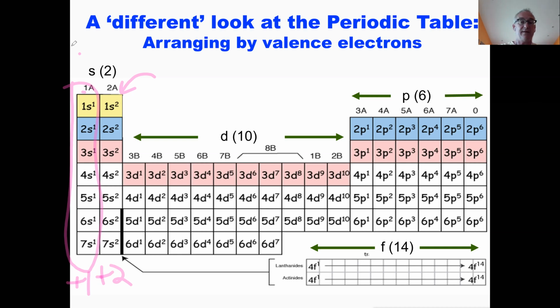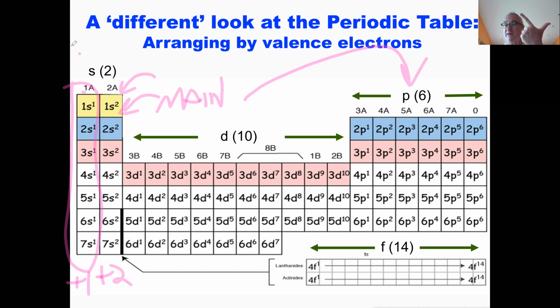Remember, these are main group. The main groups are these 2, and then these 6. Not surprisingly, they're the S group and the P group, because when we start dealing with the D and the F, they can start filling and half filling and all sorts of different things. With the main group, they just want to fill S and P. That's it.